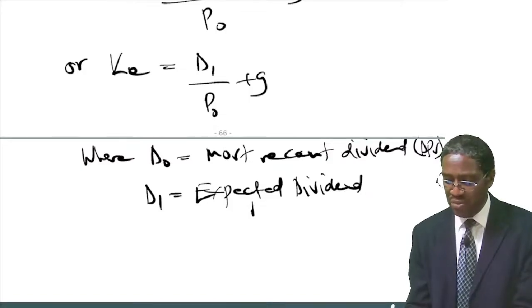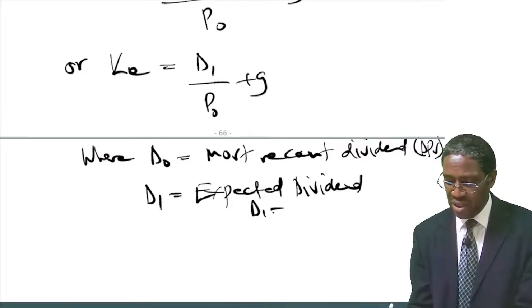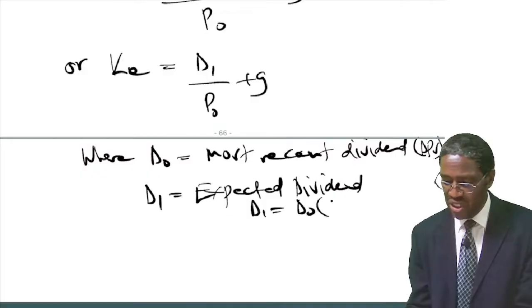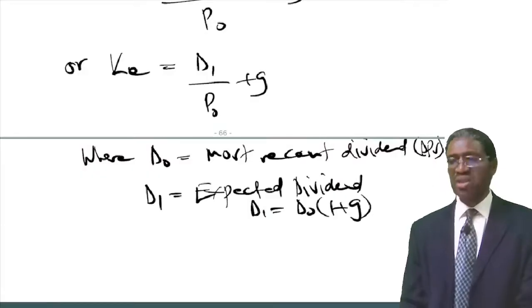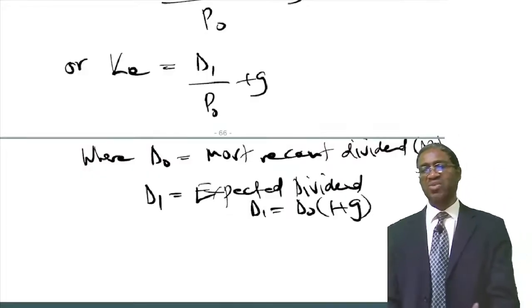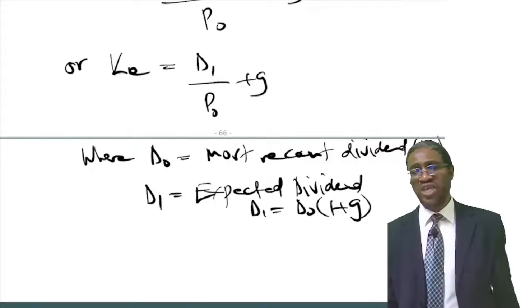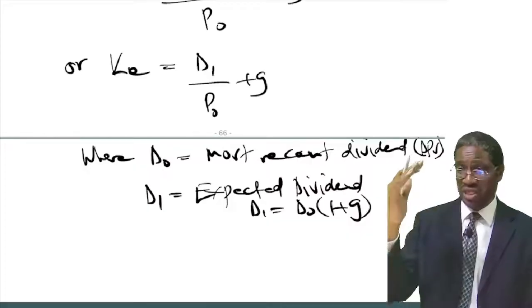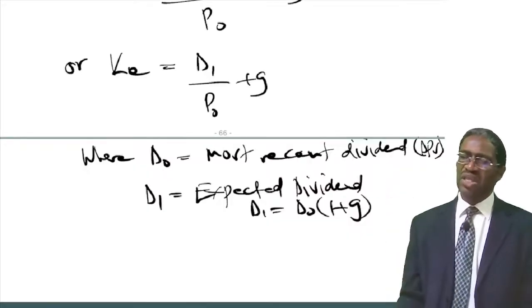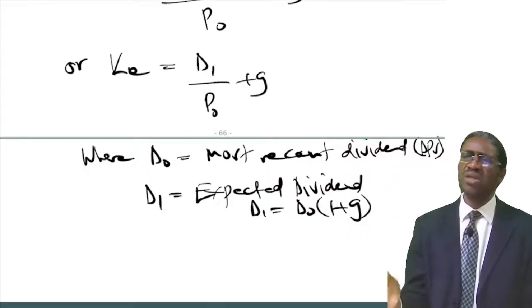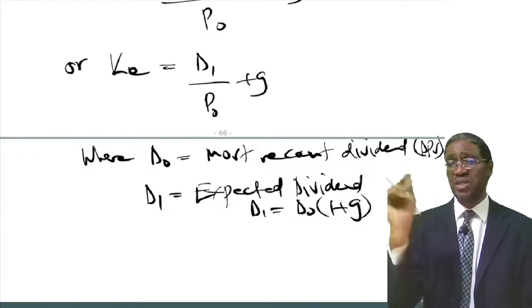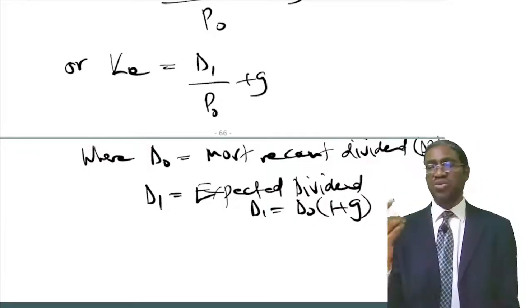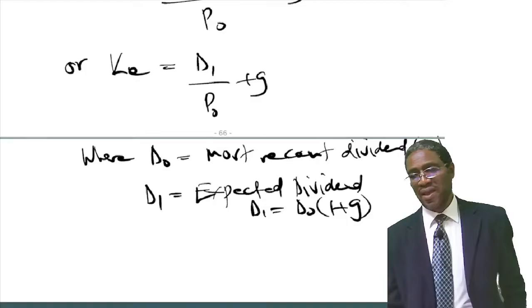Maybe you can put below that, D1 equals D naught into 1 plus G, so that you know the numerator is the same. It's only that you either express it as D1 or as D naught into 1 plus G.